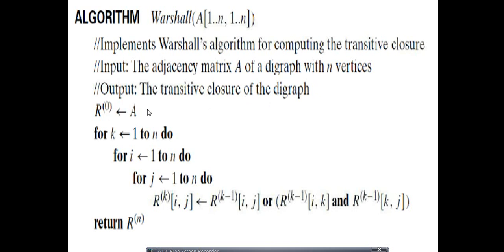R naught is the given graph. What is the R naught matrix? The given weighted matrix. Here there are three values, I, J, K, starting from 1 to n, 1 to n, 1 to n, and apply this formula. I hope this formula is clear. If the previous matrix has the value 1, write it down as it is in the new values. Otherwise, if the ith row and jth column have value 1, then the new value is also 1 only.